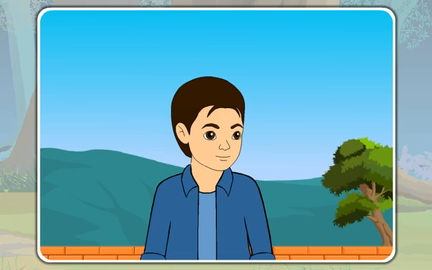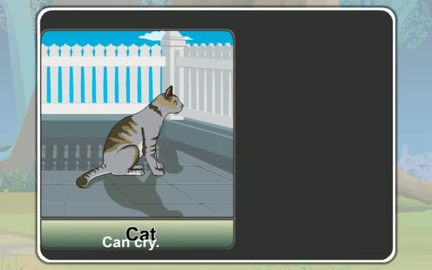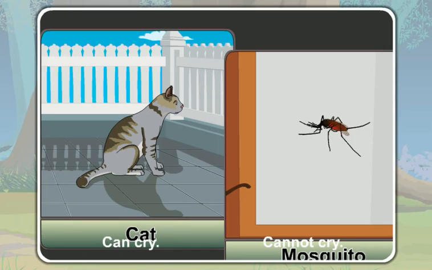When a mosquito flies near your ears, you hear a kind of sound. It is a buzzing sound. Is this sound a mosquito cry? No, it is not. Unlike a cat, a mosquito cannot cry.